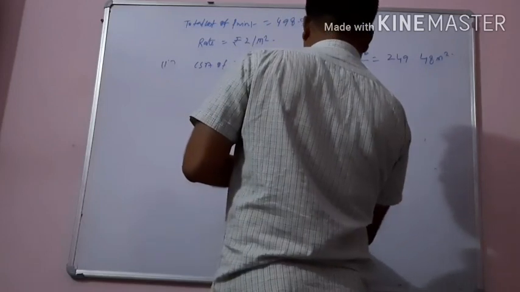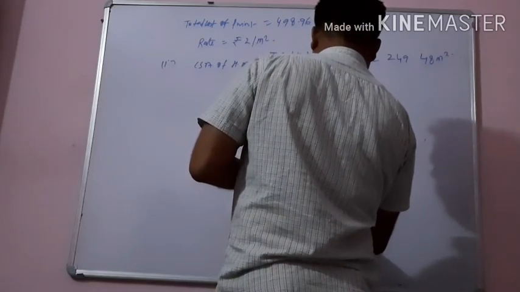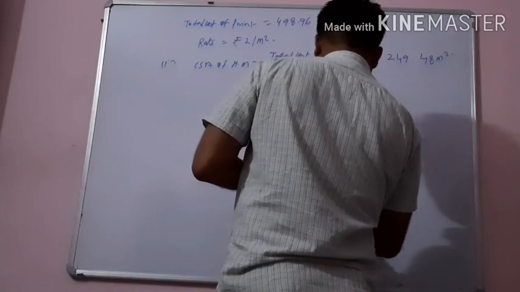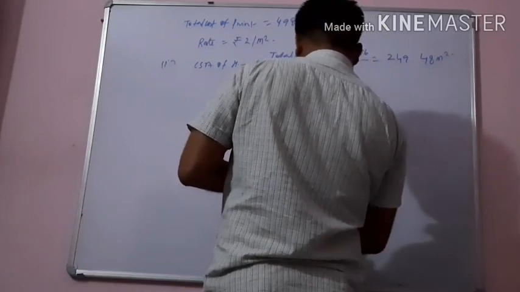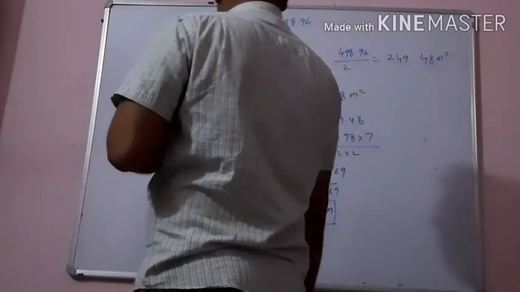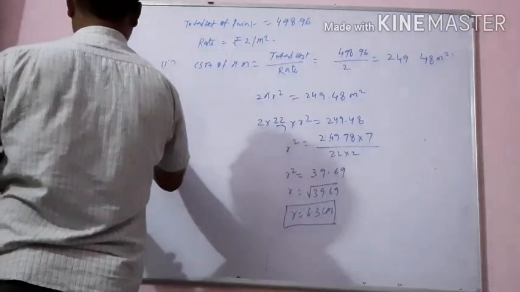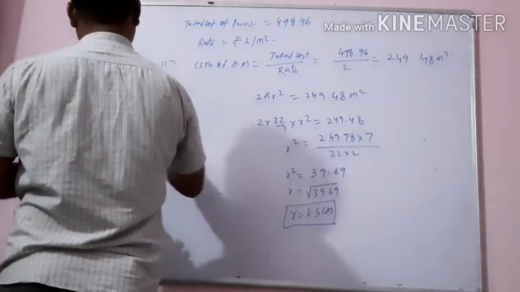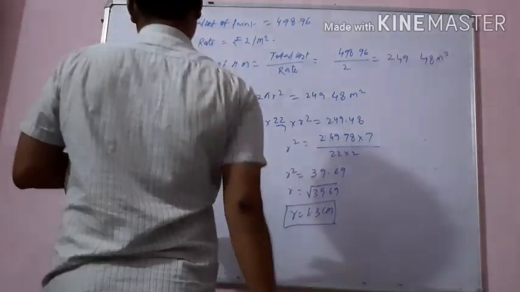So R will be equal to root 39.69. That will give an approximate value of R equals 6.3 meter. Now you can find the volume. Volume will be equal to 2 upon 3 pi r cube. Put in the value and get the solution.